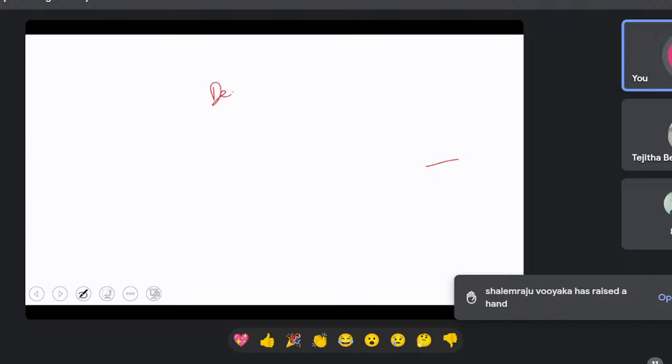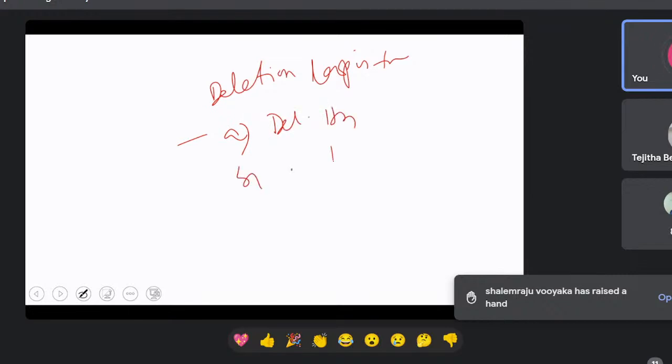Now, in the exam they asked: deletion loop is formed in dash.